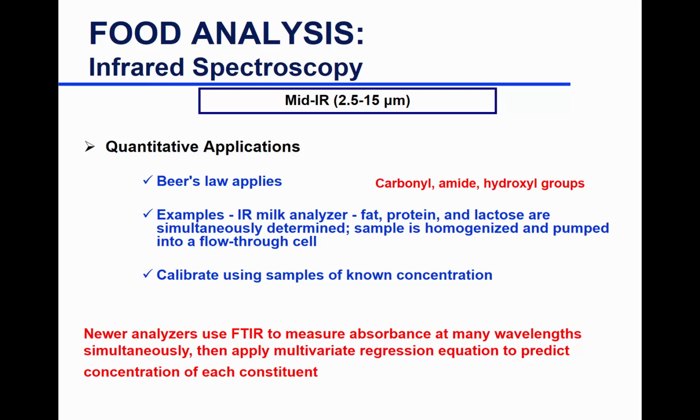Then you calibrate the equipment with the actual values you've gotten from those methods. We call those primary methods of analysis, and IR is a secondary method of analysis that is calibrated using the primary methods.